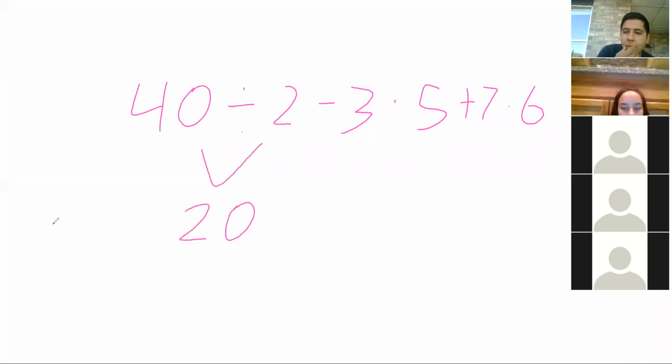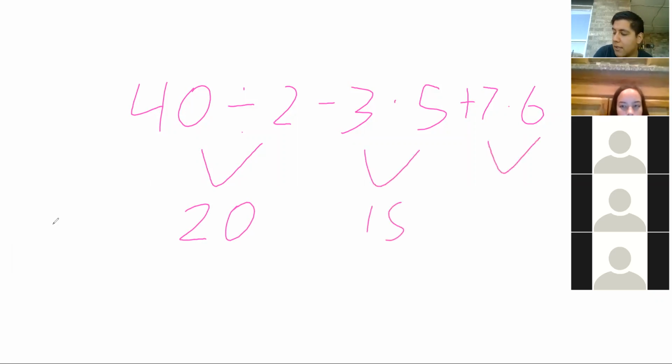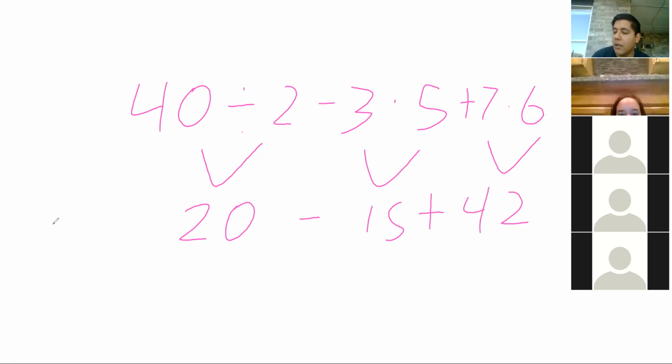What about 3 times 5 then? 15. And 7 times 6? 42. Okay. So now that we've done all that, we move to subtracting and adding. So we go from left to right.